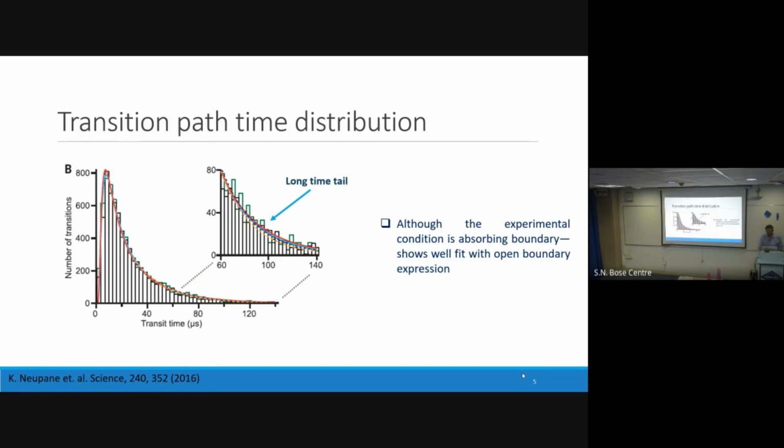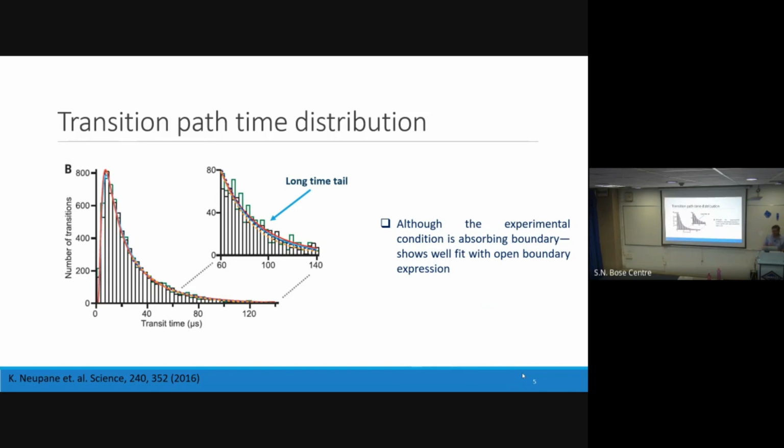However, the problem with the theoretical result is that only the open boundary condition result is available analytically. So the expression is available, and you compare with the experimental transition path time distribution, which is absorbing boundary, but you are using an open boundary condition expression.